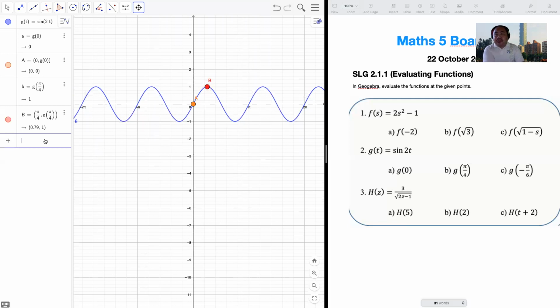Okay, finally we find what is g of negative pi over 6. So just write again, g of negative pi over 6. You get there.